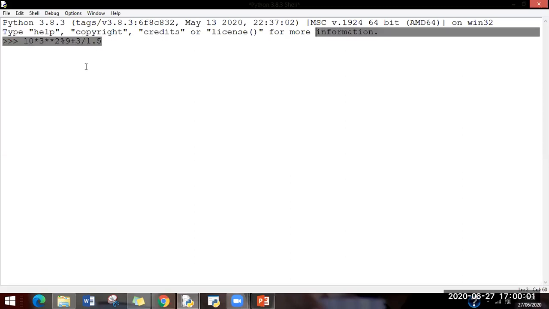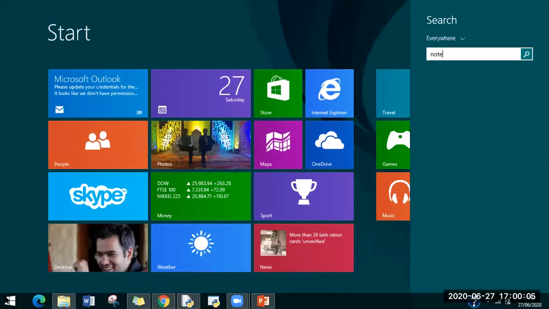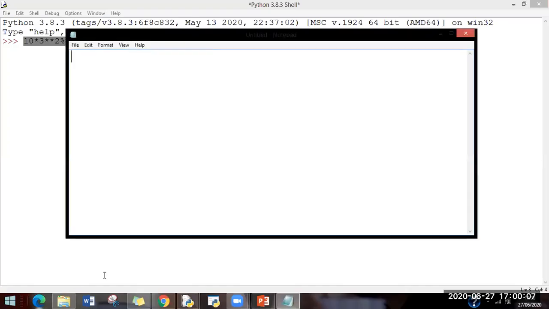So if you see this operation and if you wish to process it, let me just show you how this could be done. On writing this over here, you may see that there are operators of multiple levels of precedence.